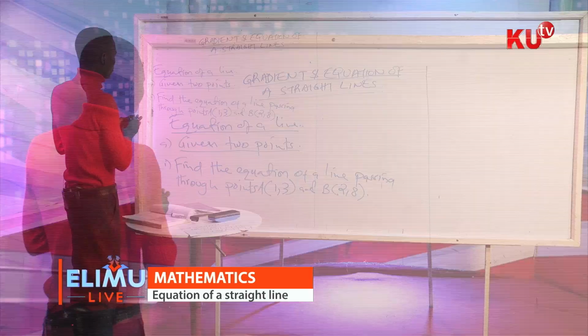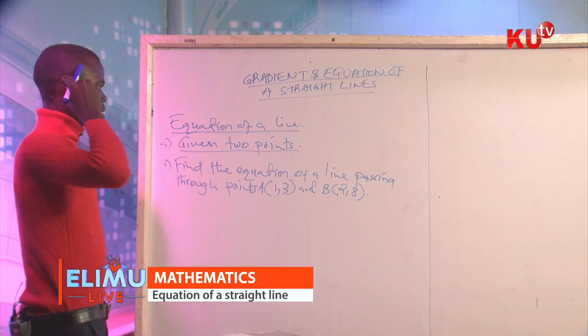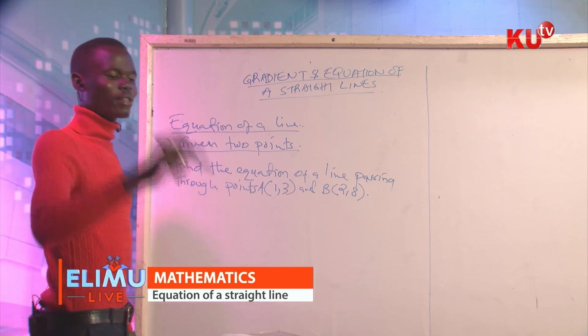I am still in the first example. Given 2 points, find the equation. And remember, before we find the equation of a line, we must have the gradient.